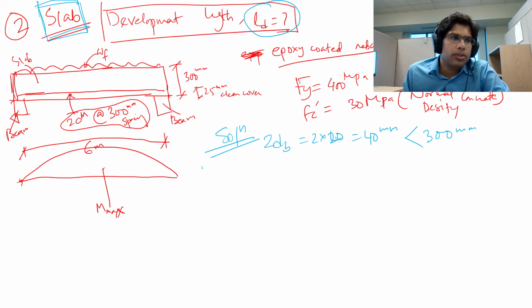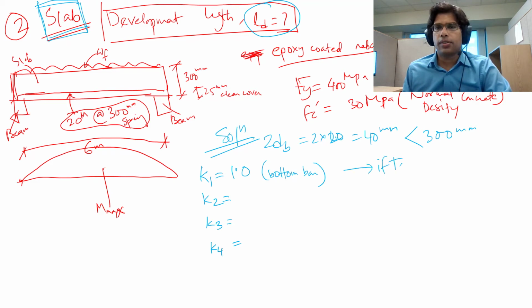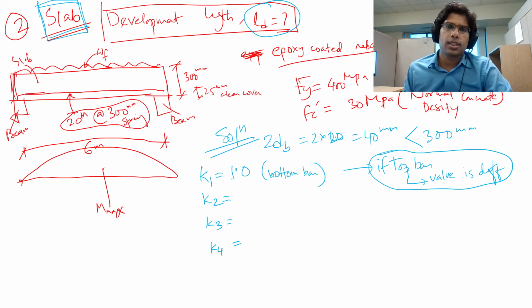So now we start to put all these values: K1, K2, K3, K4. So K1 is 1 because it's bottom bar. Just one thing is, if you're calculating for top bar, then the value is different. So remember that if you're doing it for top bar, then value is different, but because you're doing it for bottom bar, it's 1. So then K2 is 1.5, because why?